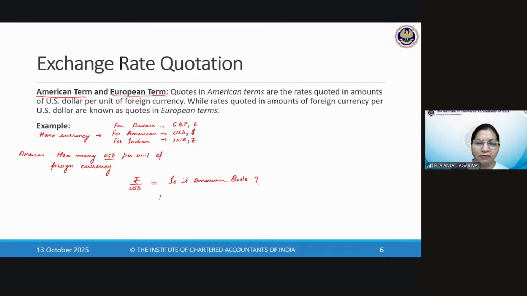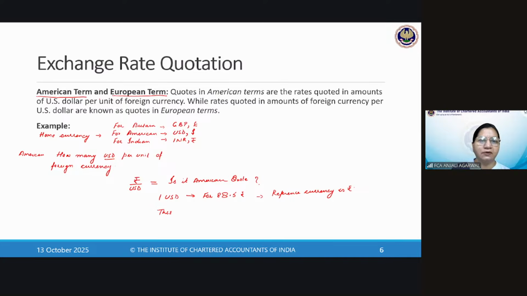Does it say 1 USD for how many rupees? Which one is the reference currency? Reference currency is rupee here. So this is not an American quote.